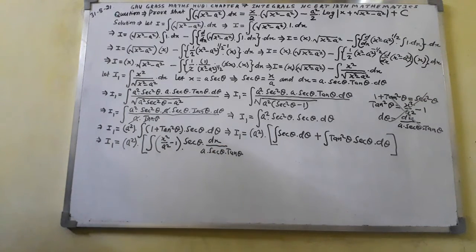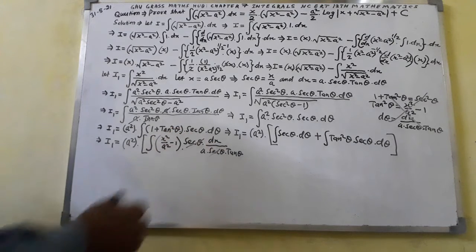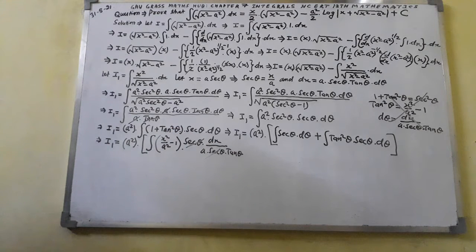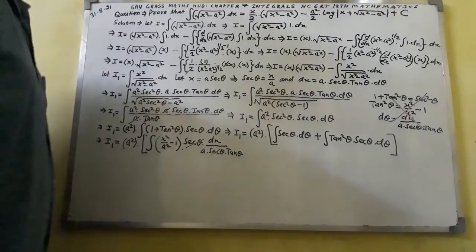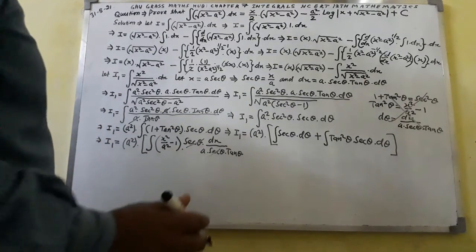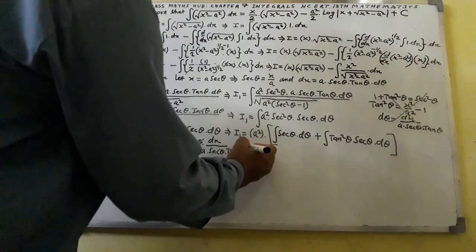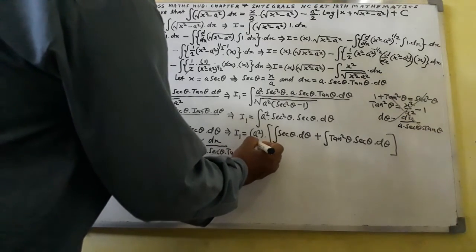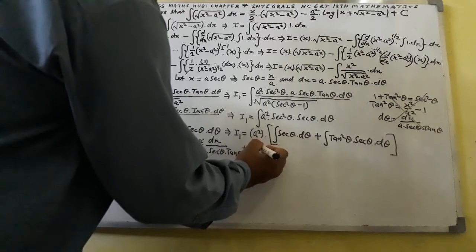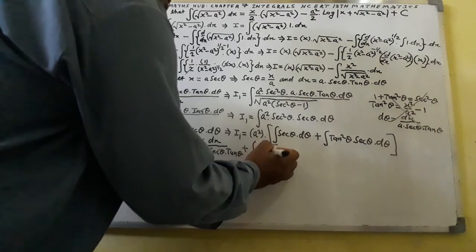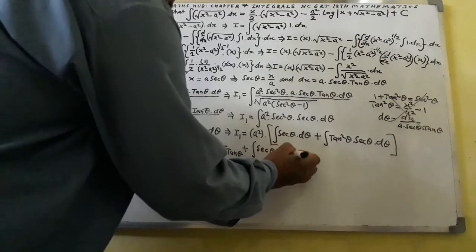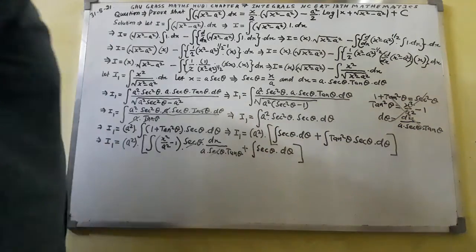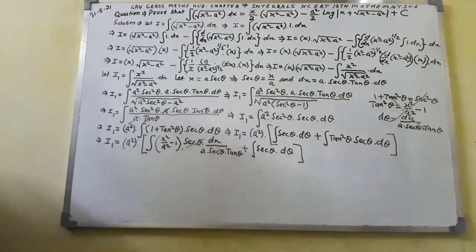So here this one will be cancelled out, and again tan theta we have to get. Let us see what the result will be. And again I shall write plus integral sec theta dot d theta. Open here, close here, square bracket.